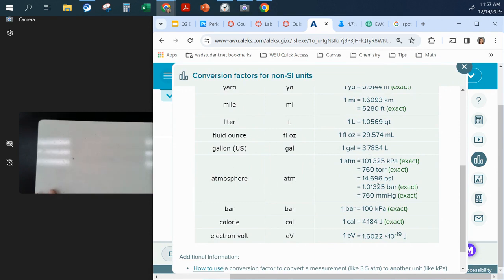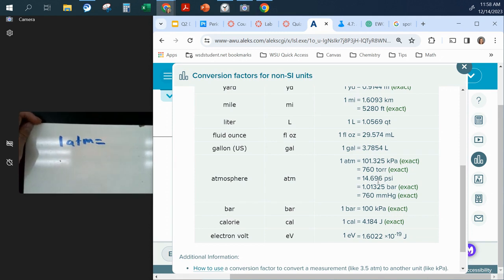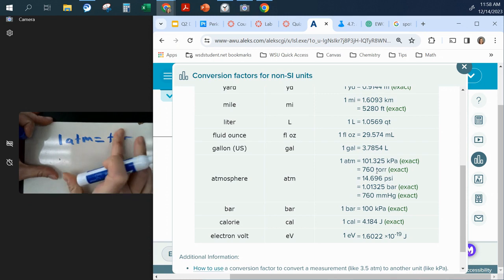So for this problem specifically, we are going to convert atmosphere. So 1 atmosphere is the same as, this problem we're going to use torr. What is it equal to?